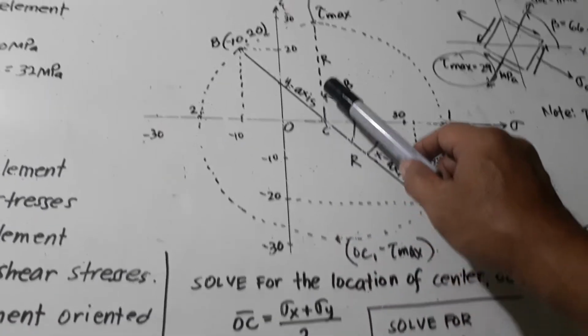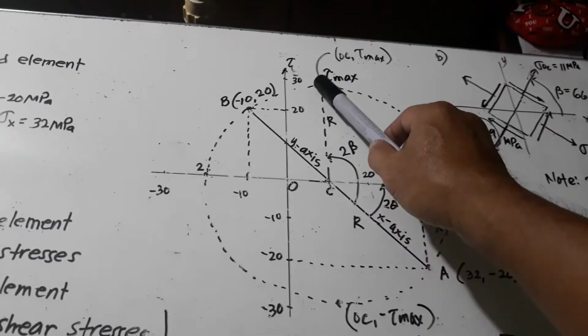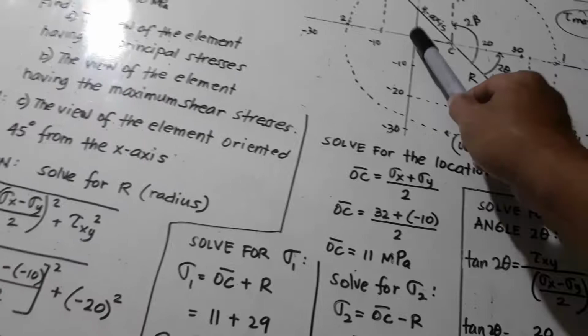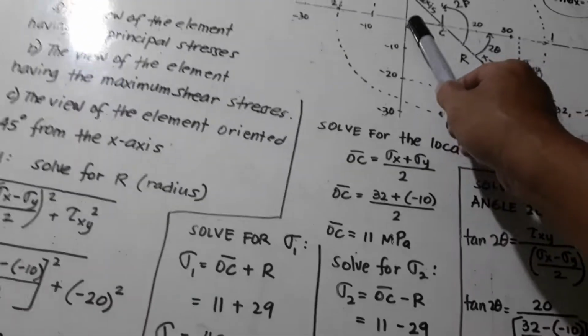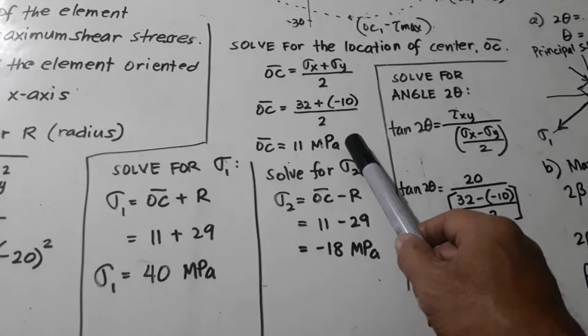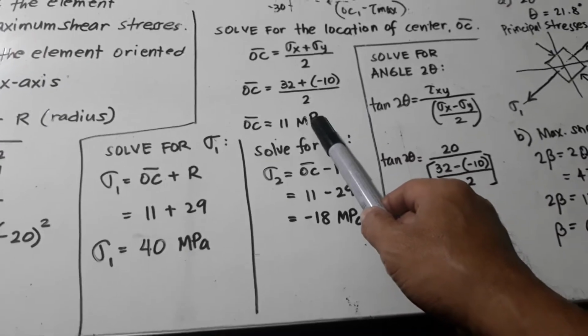That also happens to be the distance for tau max. To compute OC, OC is sigma x plus sigma y over 2, and substituting values, OC equals 11 megapascals.